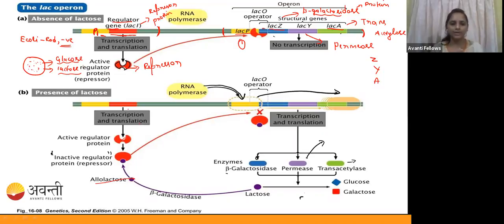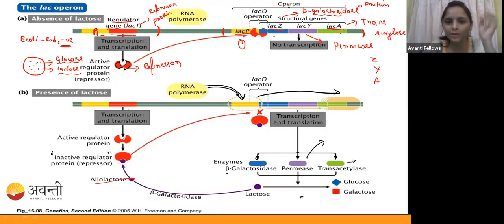So guys, what will happen now is the bacteria is not going to utilize the lactose first. Glucose is the very favorite food of the bacteria, so it is going to utilize the glucose first. Even if the lactose is in a high amount and the glucose is in a very small amount, the bacteria will first finish the glucose. Only after the glucose is finished will the lactose be utilized.